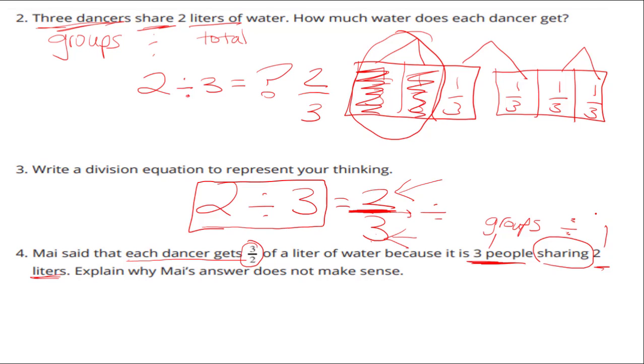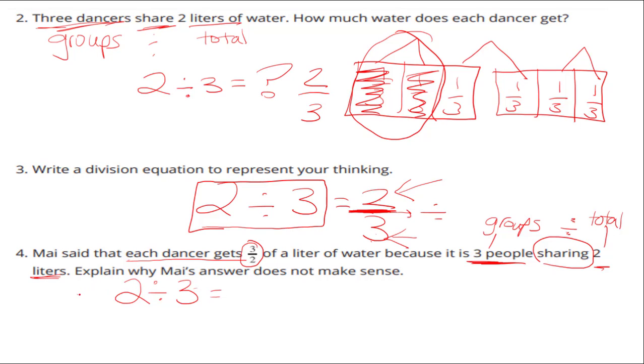The 2 is my what? Total, because I'm having to take that total water and share it between these groups. So the people are the groups. Why? Because you are getting to put something in them. What are we putting in them? The water. So what comes first in a division problem? The 2. So it would be total divided by groups.